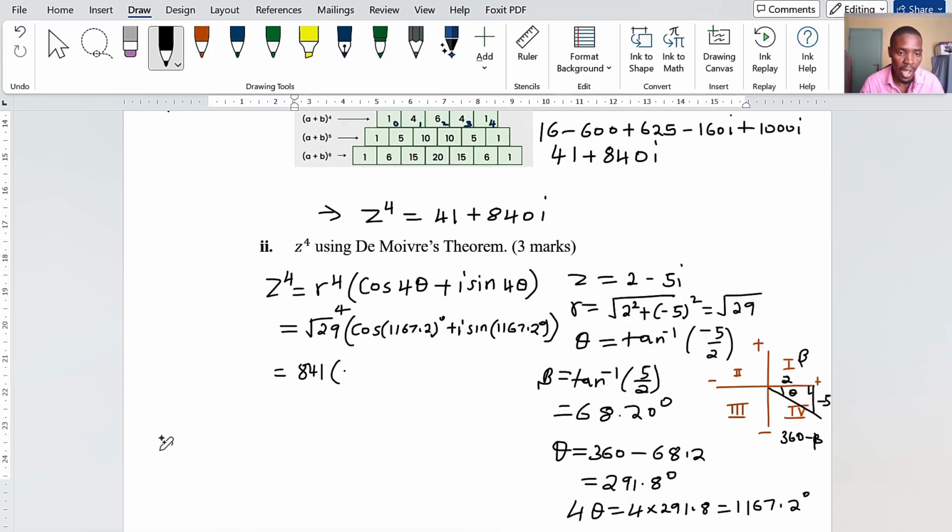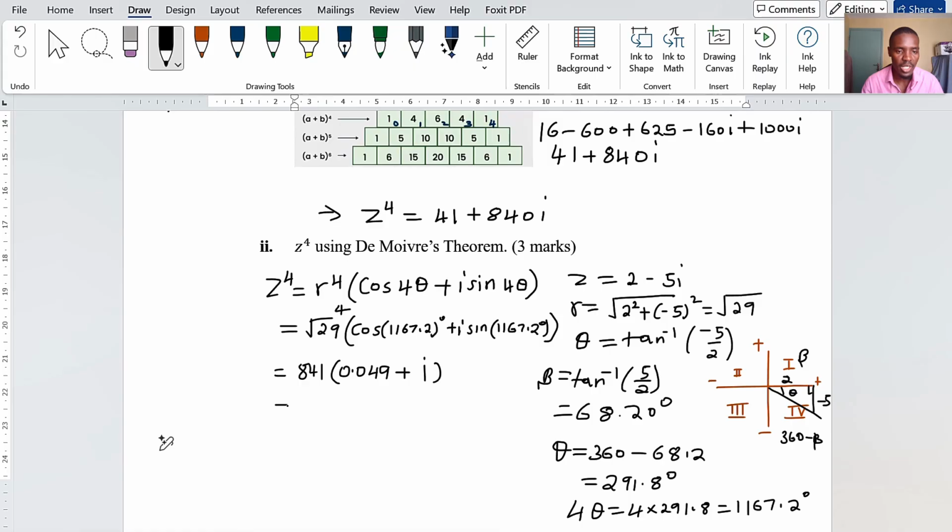This gives me 0.049. Then plus, now we want sine 1167.2. This gives me approximately 1, which is just i.